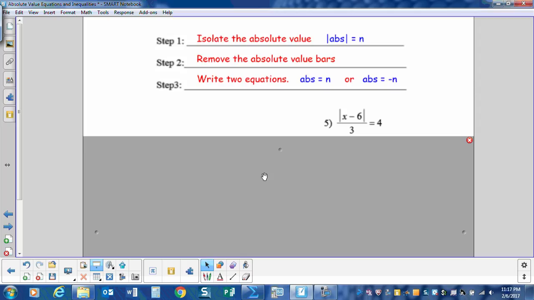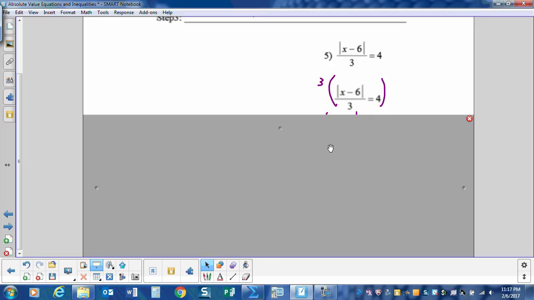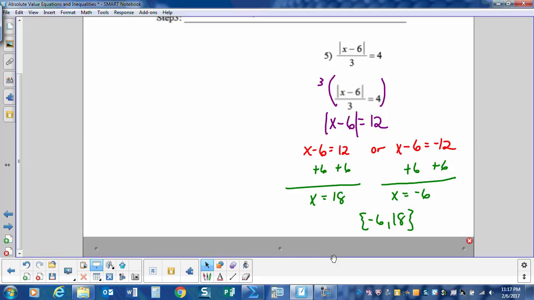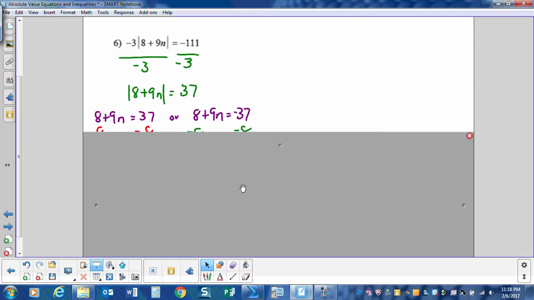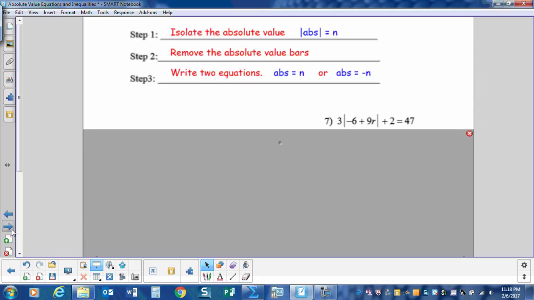So isolate the absolute value, remove the bars, write two equations, and solve. All right, try number 6. Try number 7.